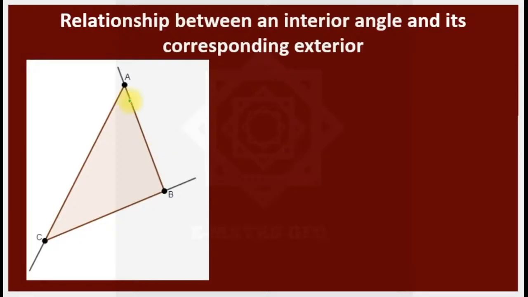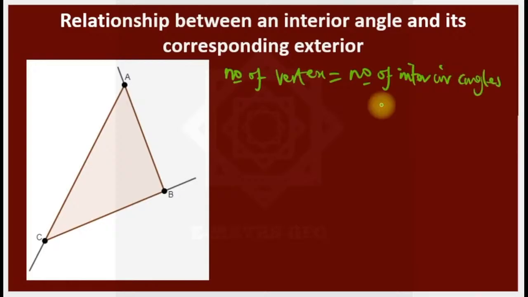In any polygon, the number of vertices equals the number of interior angles, which also equals the number of exterior angles, which also equals the number of sides.